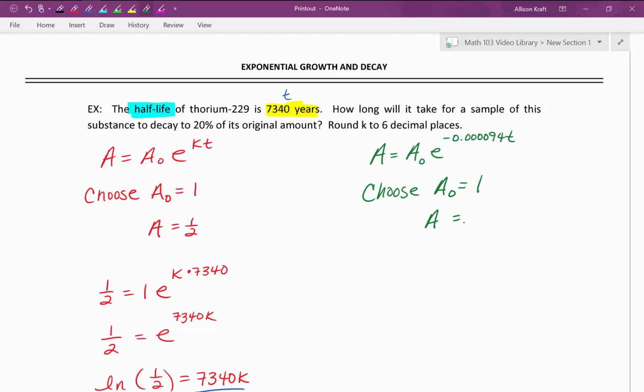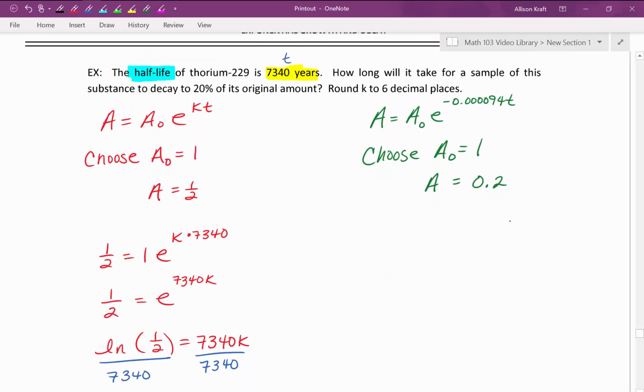So what's 20% of 1? 0.2. So we'll plug A sub 0 and A in and solve for t. We have the equation 0.2 equals 1 times e to the negative 0.000094t power. We don't need the 1 in front of the e.